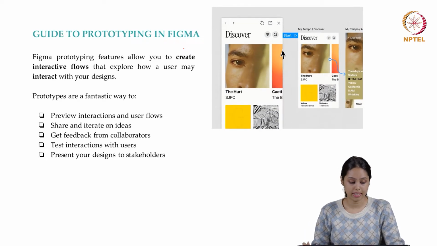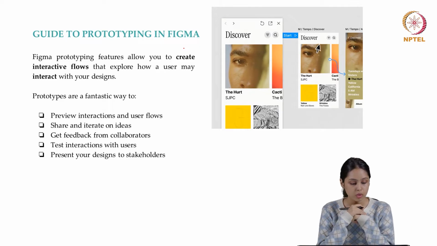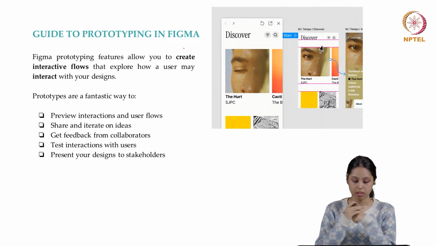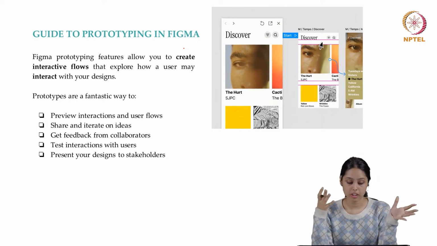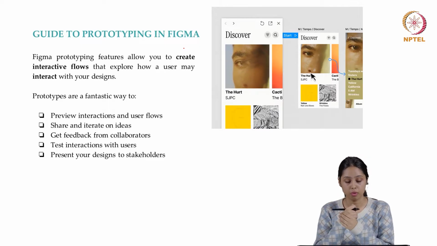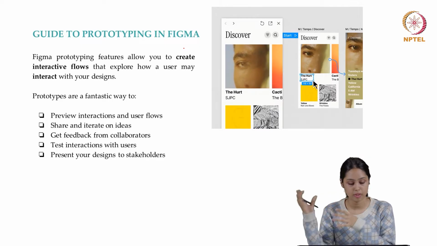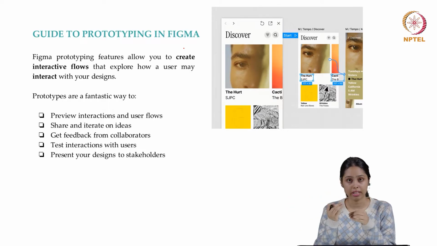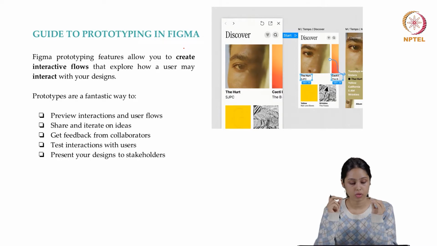Guide to prototyping in Figma. Prototypes are a fantastic way to do all the things that I'm going to list now. First, preview interaction and user flows. Take the example I used before about Instagram and how it has different pages and a flow to it. If you want to open someone's ID, you go to the search feed and search in there.